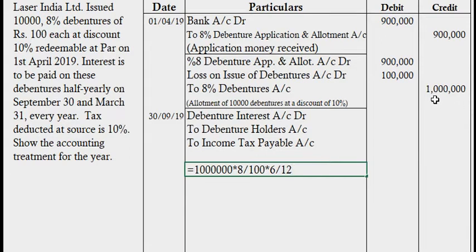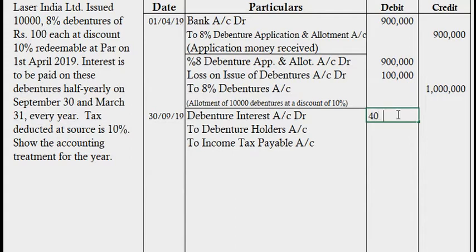The debenture amount is 10 lakh rupees, 10 lakh into 8%, and the interest is calculated half yearly, that's why 6 divided by 12. Now I got 40,000 rupees as the interest.